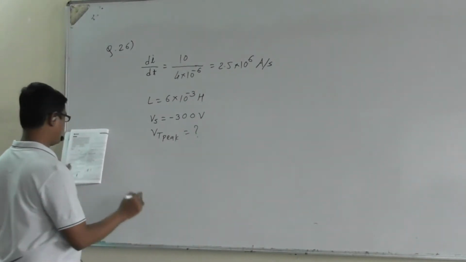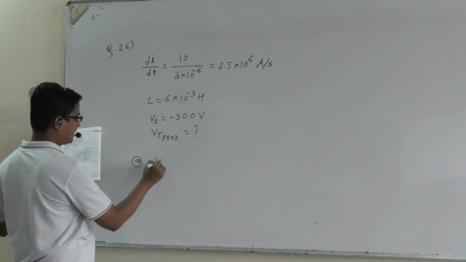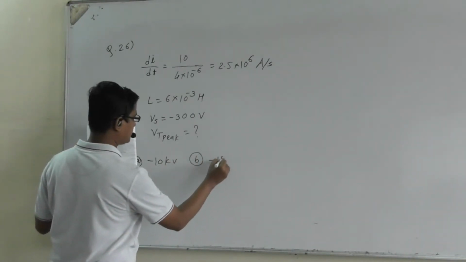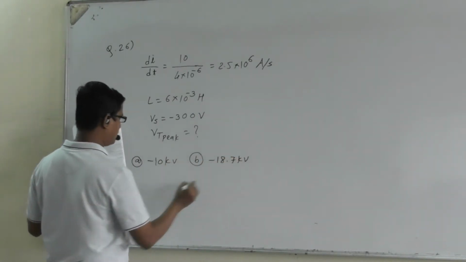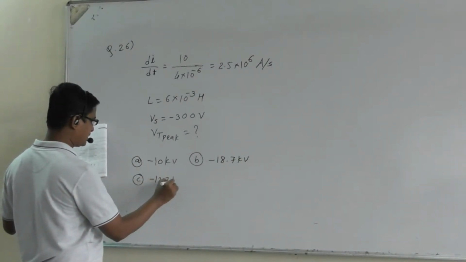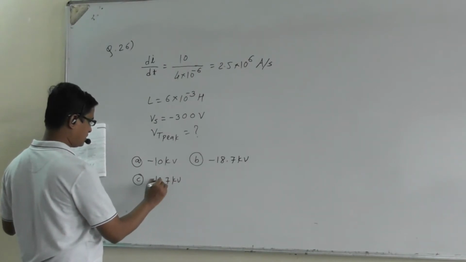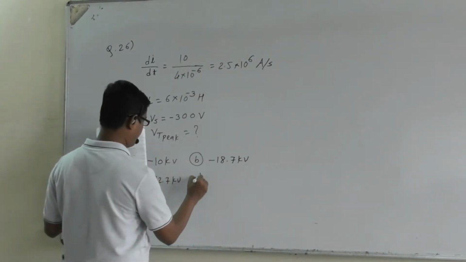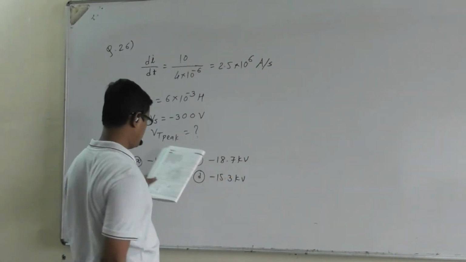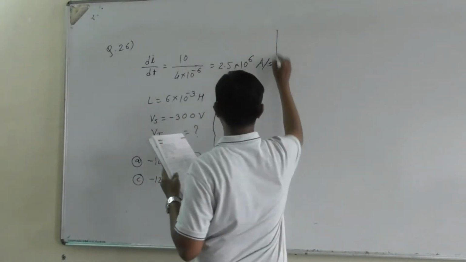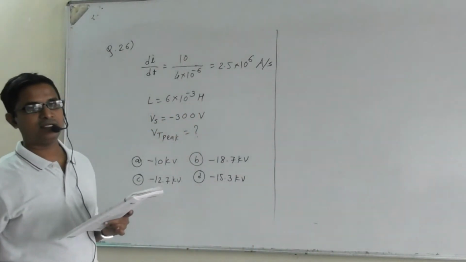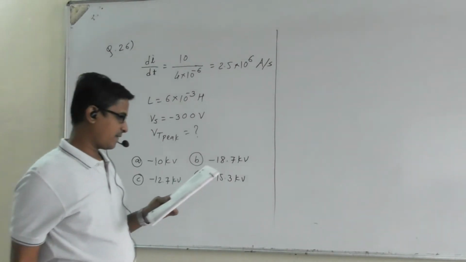Yes, and they have given option A minus 10 kilovolt, option B minus 18.7 kilovolt, option C minus 12.7 kilovolt, and option D minus 15.3 kilovolt, right? And yes, from the given data, can we draw the circuit?